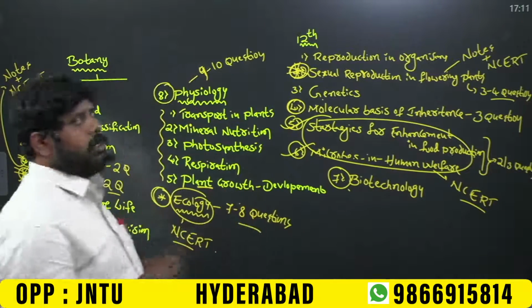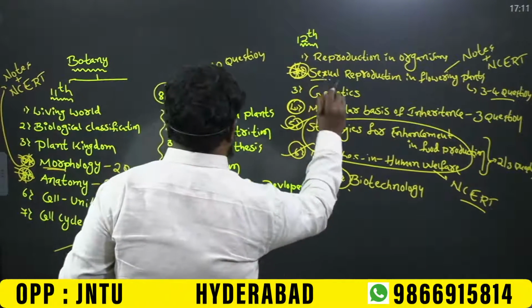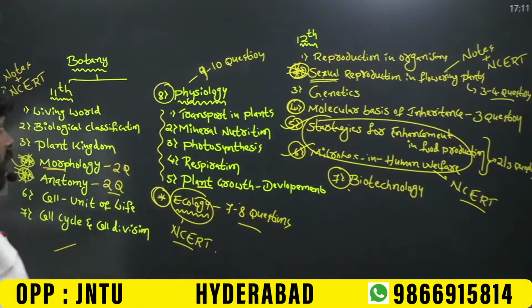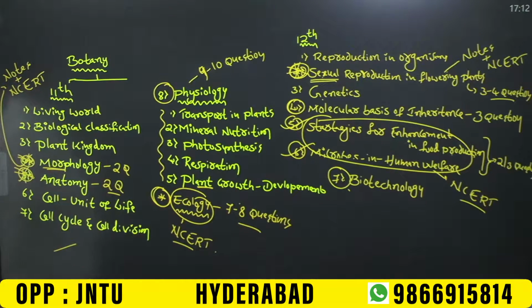These topics are more and more important to get a better result. Today I am going to explain one small topic and one of the important chapters in 12th standard. It is basic to other lessons also, that is sexual reproduction of flowering plants.